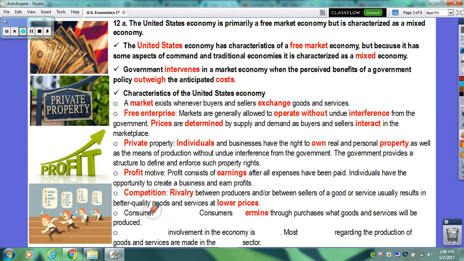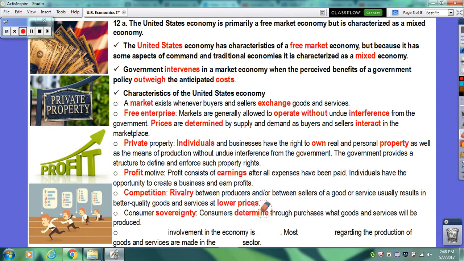Next point here, consumer sovereignty. So consumers are going to determine which purposes and goods will be produced. The more people want something, the more it's going to be available. And depending on the store, the more stores there will probably be across the state or the country.